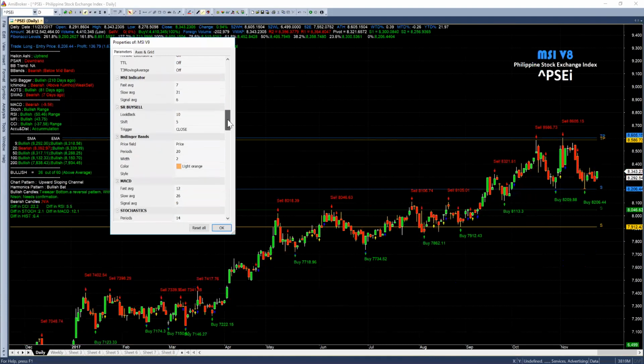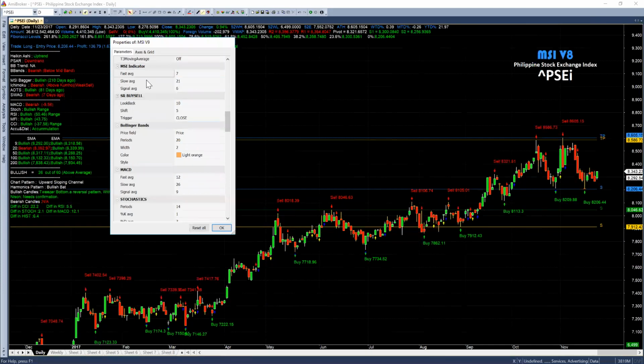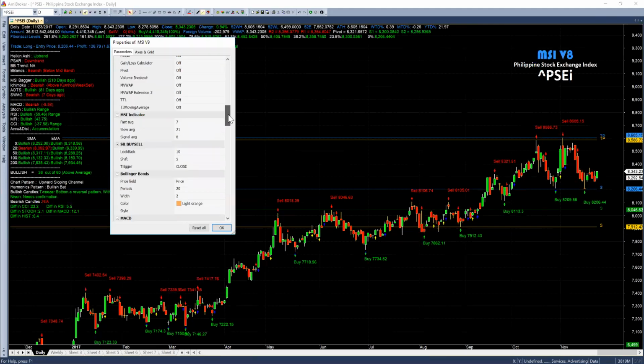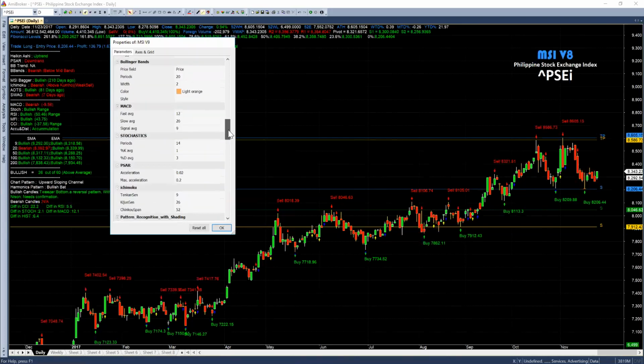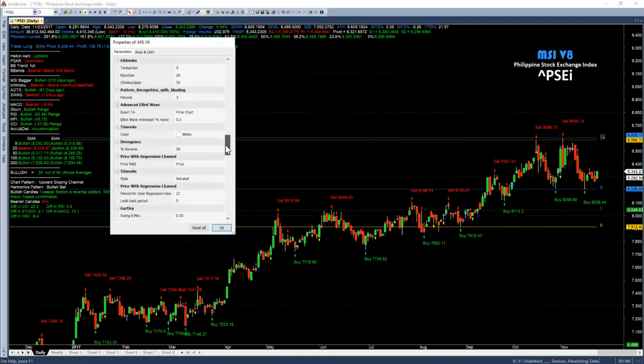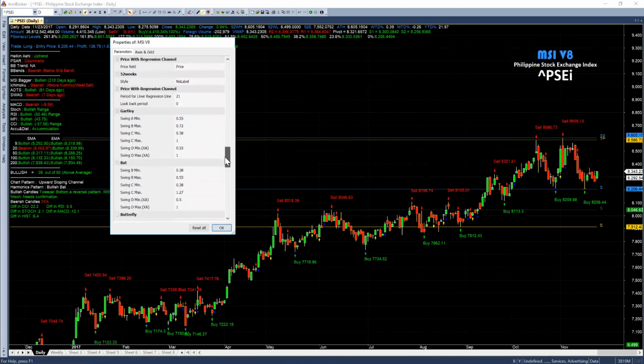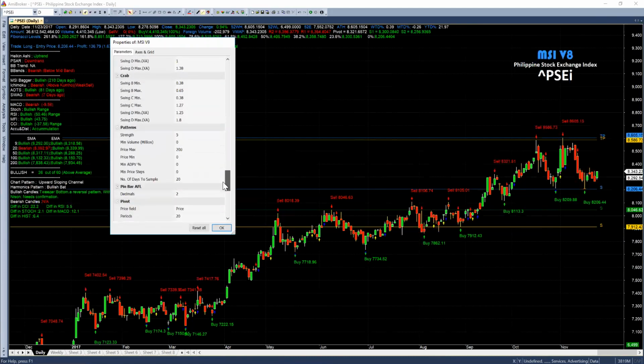Okay, so below din, marami kayong pwedeng gawing adjustments sa mga indicators dito sa taas. Kung gusto nyo silang palitan, pwede nyo silang i-adjust dyan. Okay, you have your harmonics.